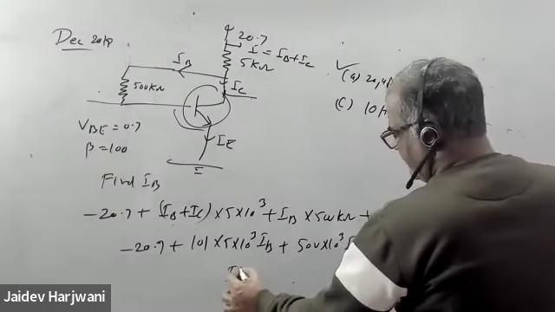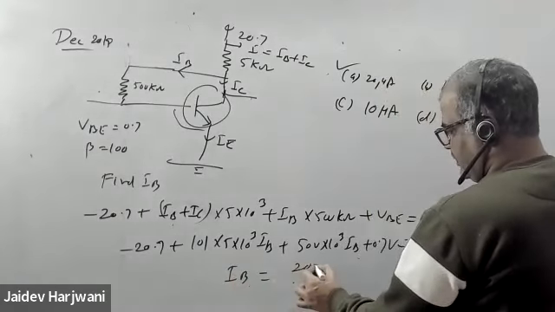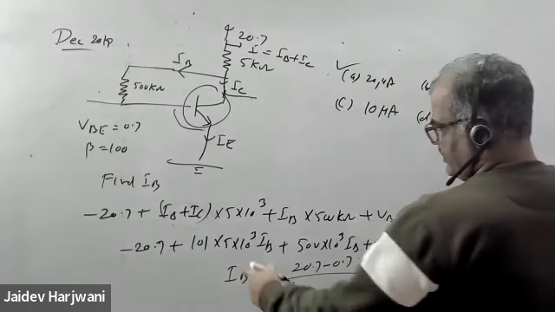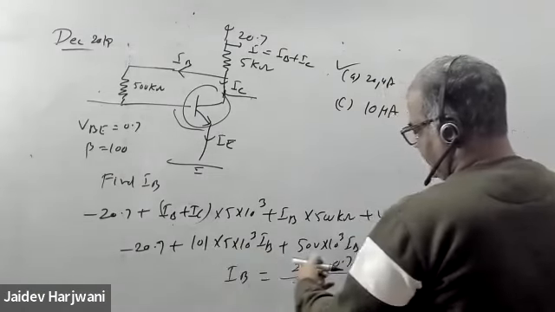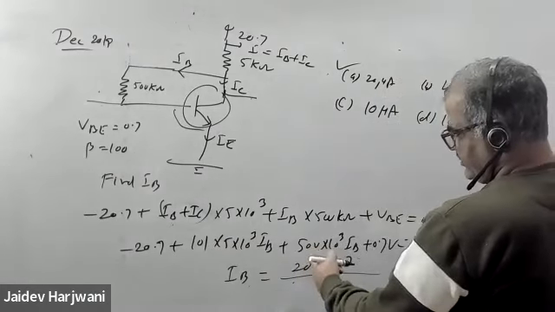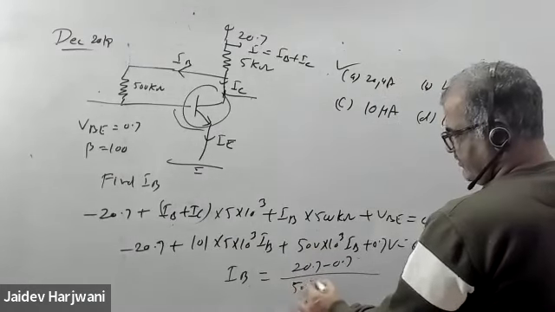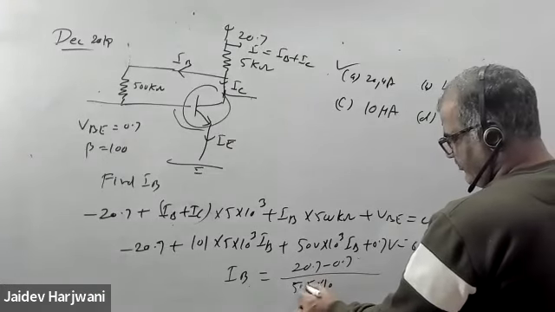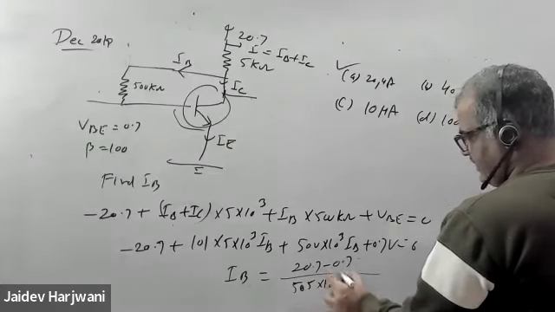So your IB will be now 20.7 minus 0.7, and here you have 505 kilo ohm plus 500 kilo ohm.